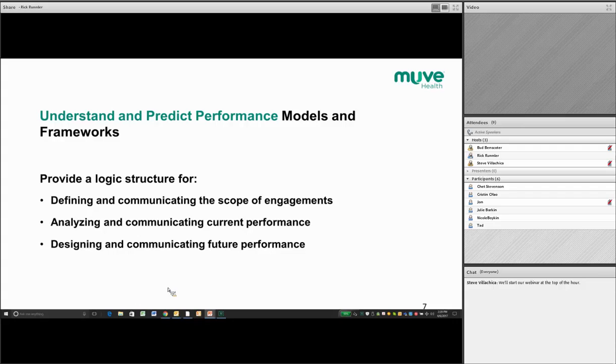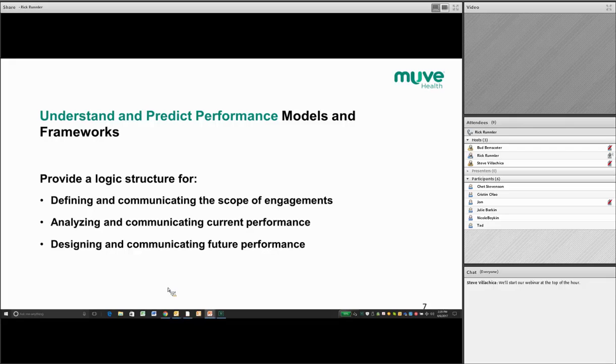They work very, very well in all three regards. What I always find incredibly helpful about using a visual model or framework is being able to tap into the third word in each of those bullet points: communicating.